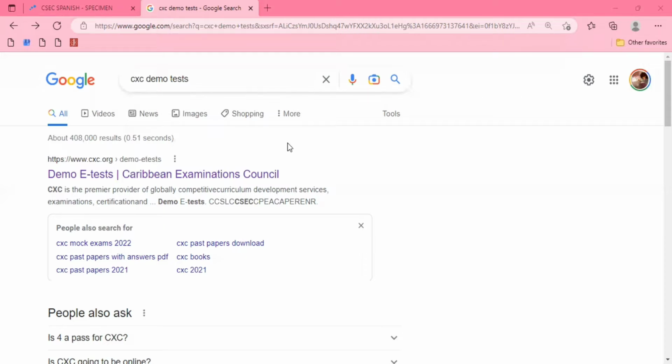So first things first, you can simply just type in CXC demo test or CSEC Spanish demo test or CSEC Spanish demo e-test, you get the gist. But this site will come up, the CXC website, and the page will be the demo e-test page. So we choose that.